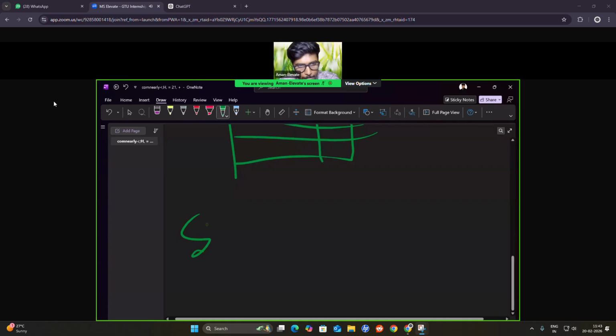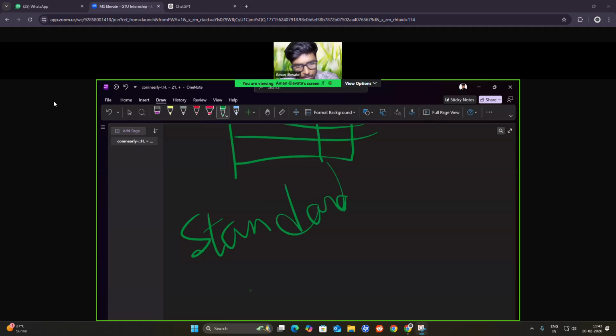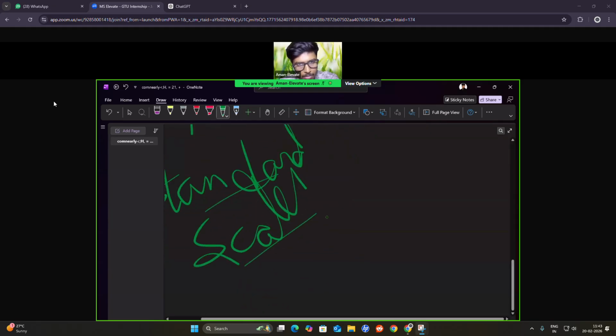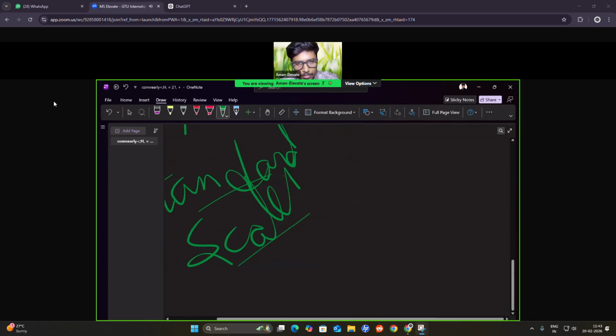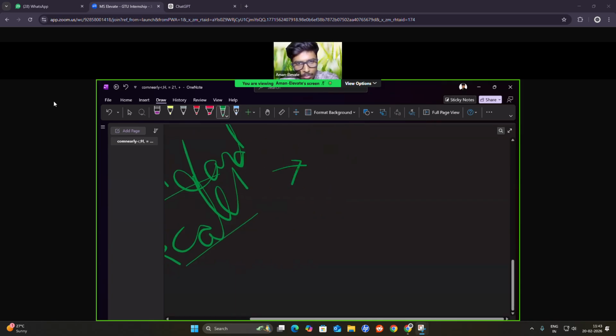Standard scalar is, okay, when your data is between 0 and 1. 0 is mean.